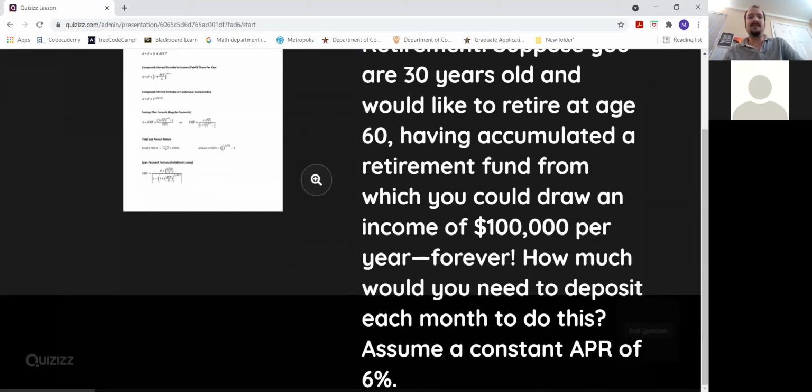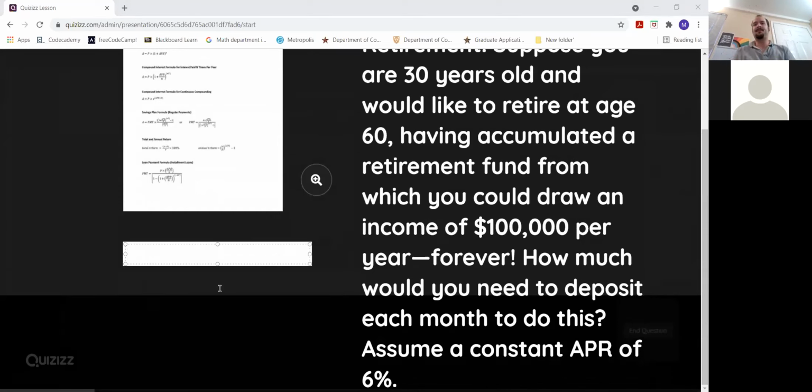And so what I believe they're doing is if you want to draw 100K per year, and you want to have this as a sort of income, basically what they're saying is you have some account and it's got a huge amount of money in it.